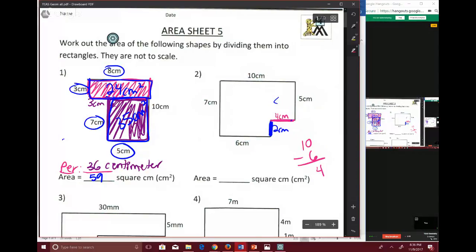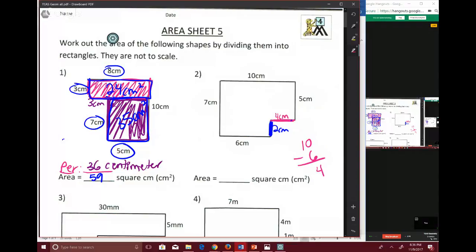FYI, they have to give you enough information to be able to actually find this. So you can only have one missing side of your horizontals and one of your verticals. And if you feel like you have multiple missing, then there's either something that's telling you 2 of them are exactly the same, to where you can just divide it in half once you find out what it is, or you're missing something, or you're trying to factor in a vertical with a horizontal, or vice versa. You're making a mistake somewhere.